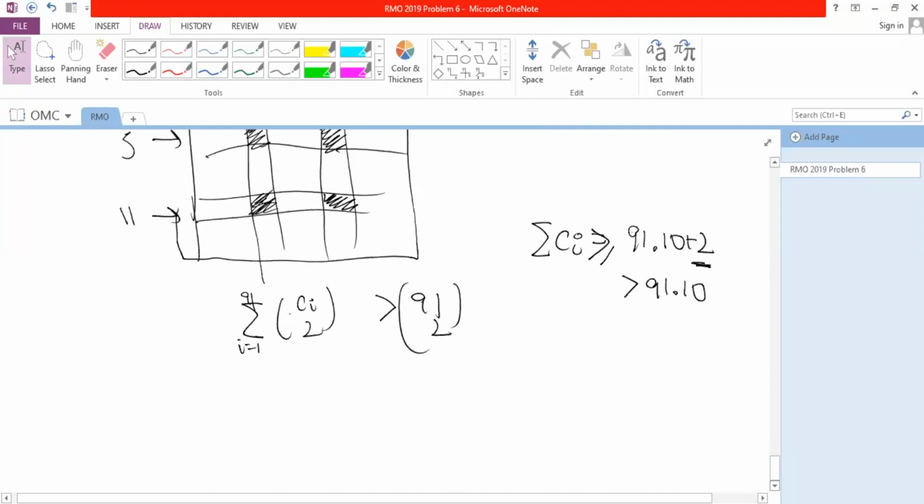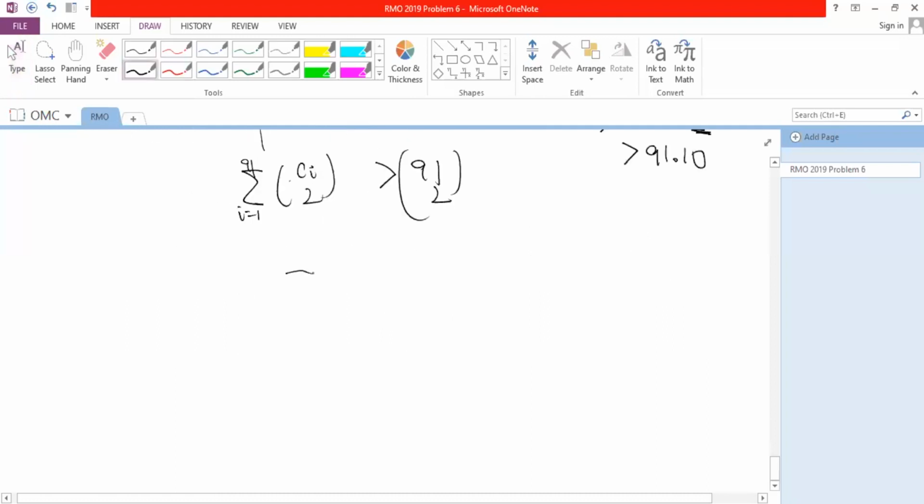Now we will try a similar method as we did above. Summation Ci choose 2 is equal to summation Ci squared by 2 minus summation Ci. Let summation Ci be denoted M, the total number of black cells in the grid.